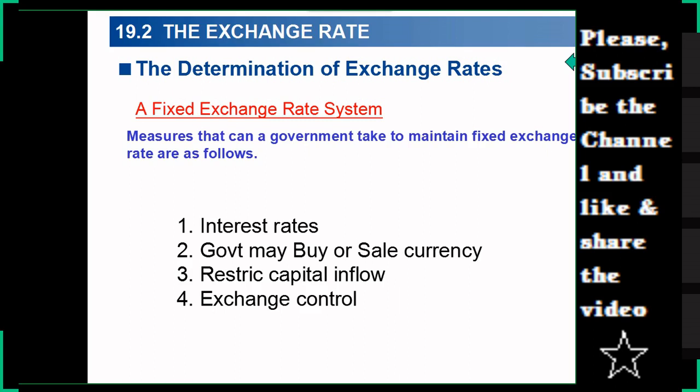Well, government is going to say to those foreign investors that you are not allowed to invest in our country. Okay, now how is that going to happen? Is the government going to say it directly? Well, the government would not say it directly.